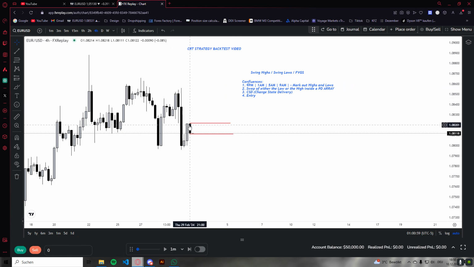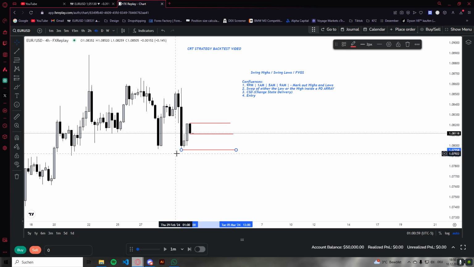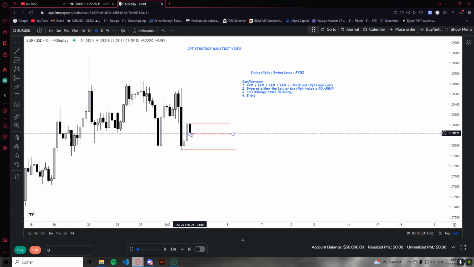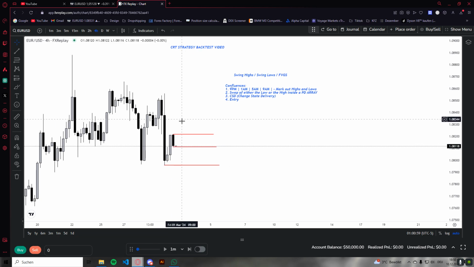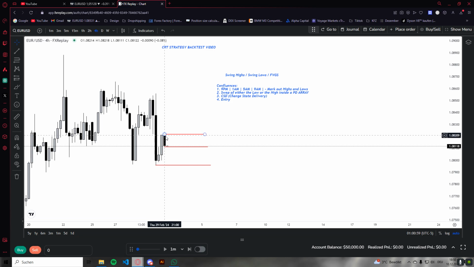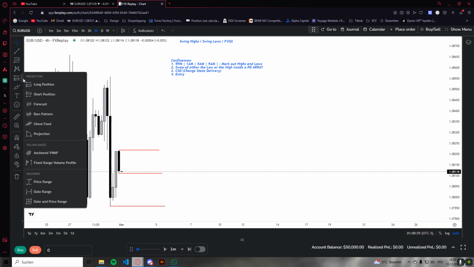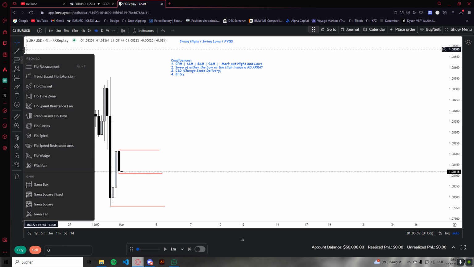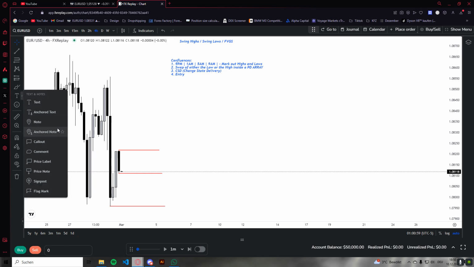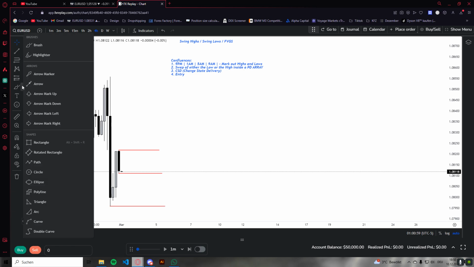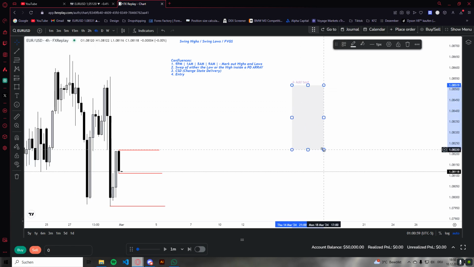So we have this fair value gap and we have this swing low right there. But look at this low. It's too far from this candle. I'm also watching price, for example, that's the 9 p.m. candle. Let me drag this tool. For example, that's a candle, right?